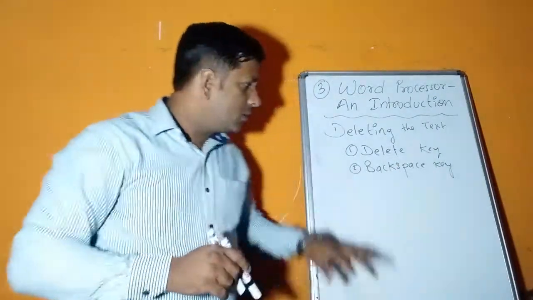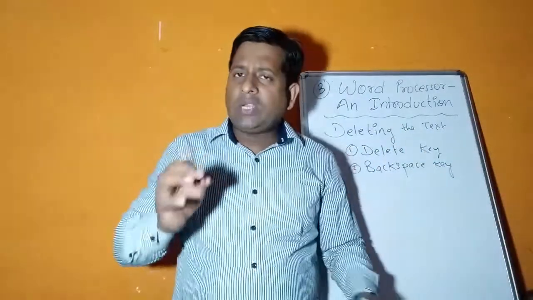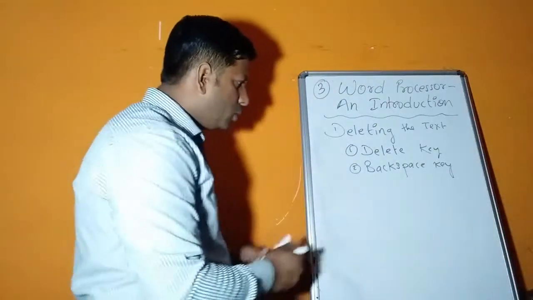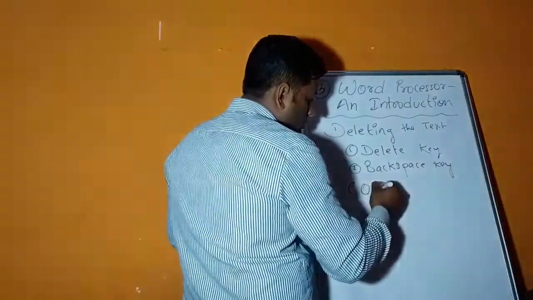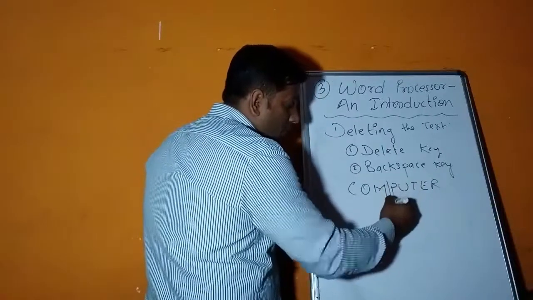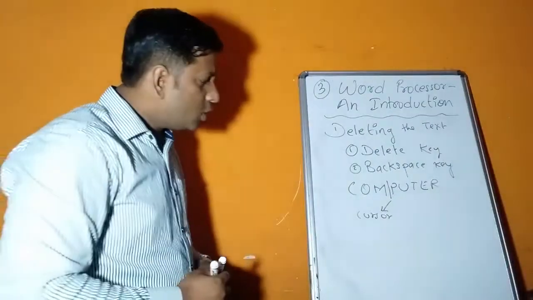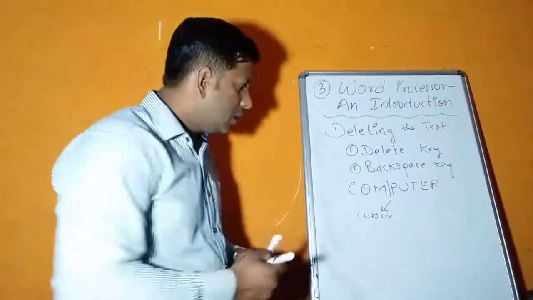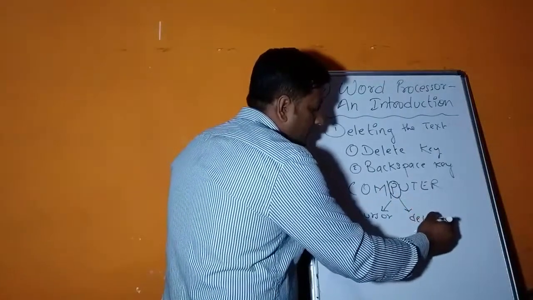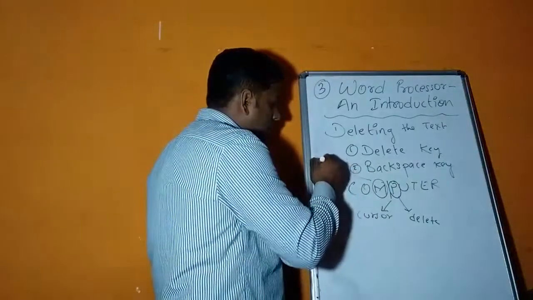Now there is a certain difference between these two also. The difference is that the delete key deletes the text present to the left of the cursor. Suppose our text is computer and the cursor is here. If you use the delete key, this particular character will be deleted, and if you use the backspace key, this will be deleted.